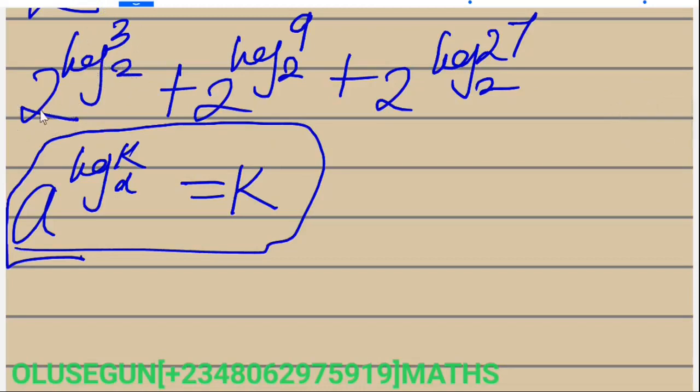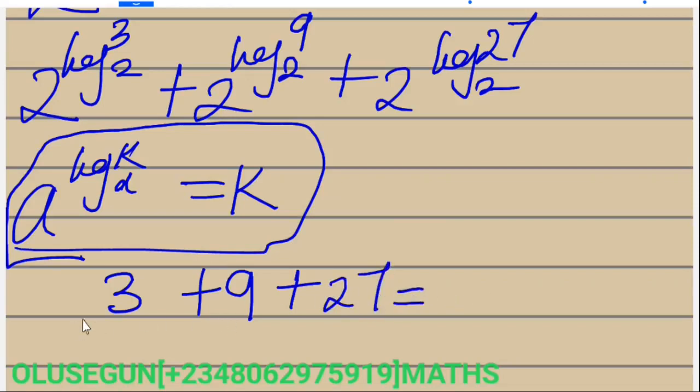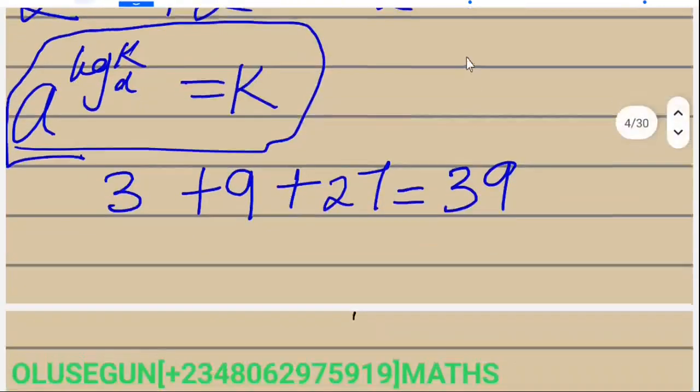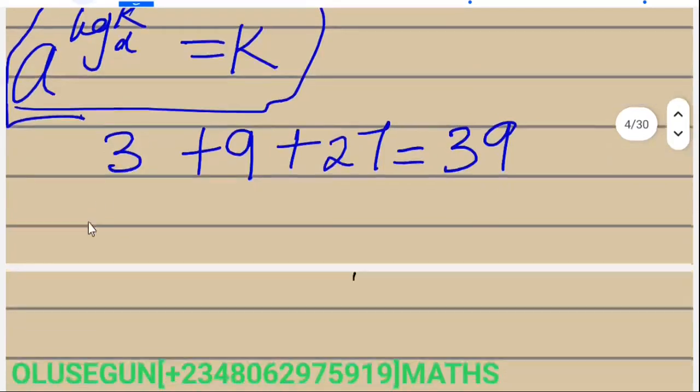Since they are the same, the answer here is 3, plus this one also, base 2, this one is 9, plus 2, these are making 27. So which gives us 3 plus 9 plus 27, making 39. So our final answer is now correct.